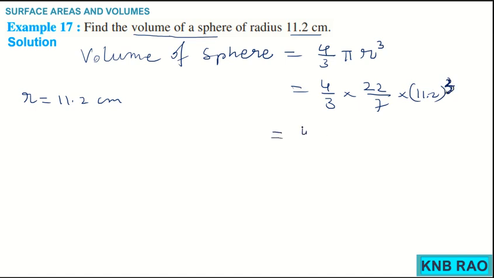Now, 4 by 3 into 22 by 7, and you know 11.2 cancels with this 7, into 11.2 into 11.2. 7 ones are 7 and 4 comes here, so it becomes 42.